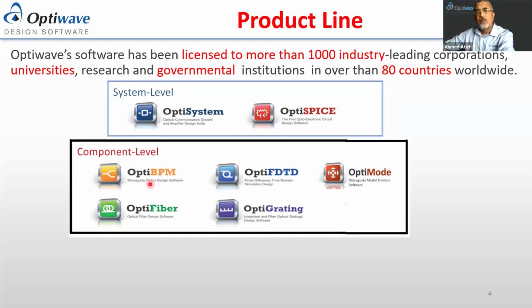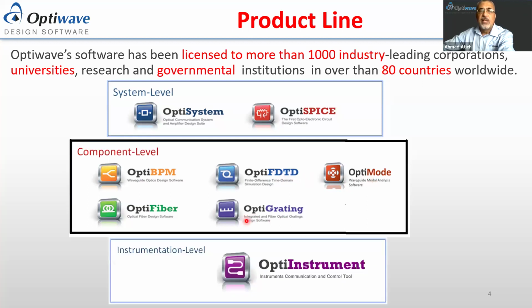At the component level, we have the Opti-beam propagation method, Opti-finite difference time domain method, mode solver Opti-mode, Opti-fiber, and Opti-grating. At the instrumentation level, we have Opti-instrument, which can be used to communicate with equipment remotely or locally, and can talk to OptiSystem. So you can read data or write data into the equipment, depending on the application.